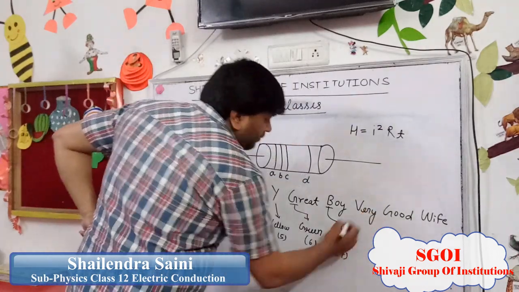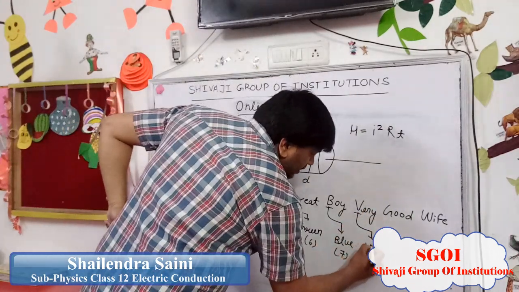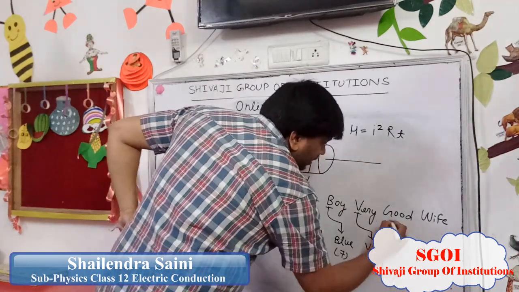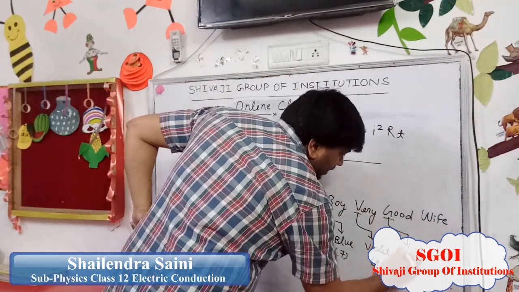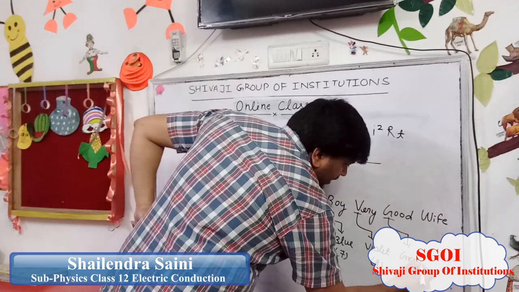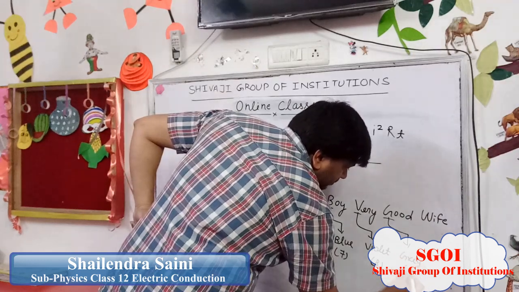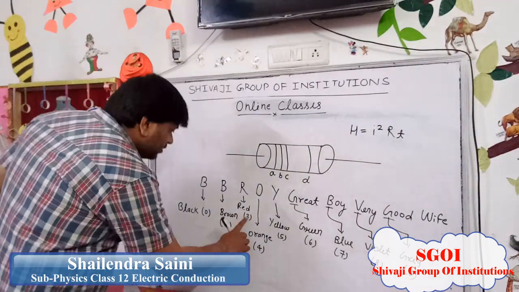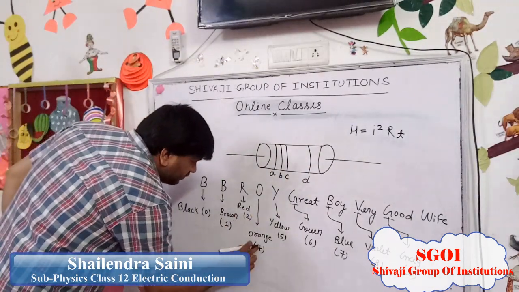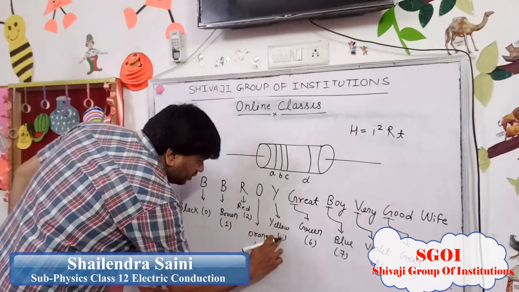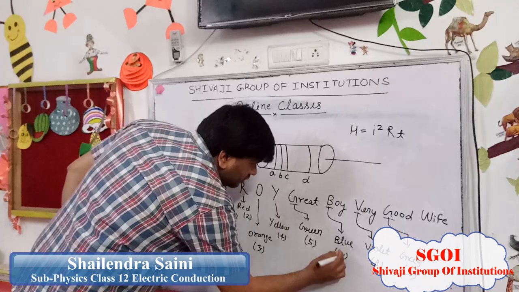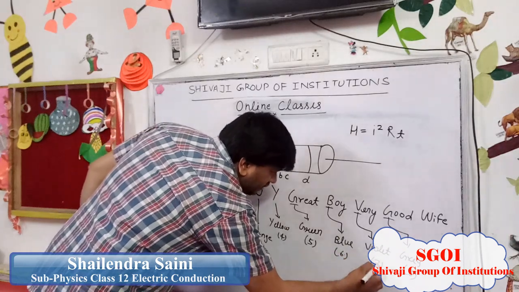In very, we take V, the color is violet, and the value is 7. Here we take G again, the color is grey, and the value is 8. Then white is 9. Counting the values: 0, 1, 2, 3, 4, 5, 6, 7.